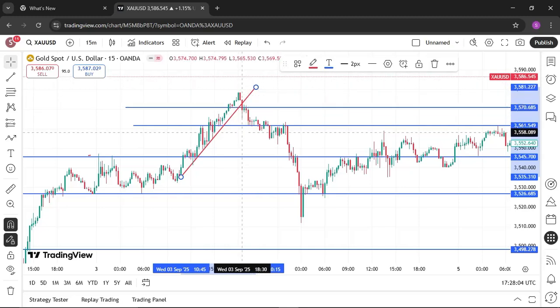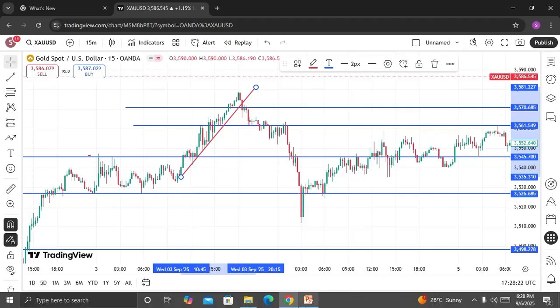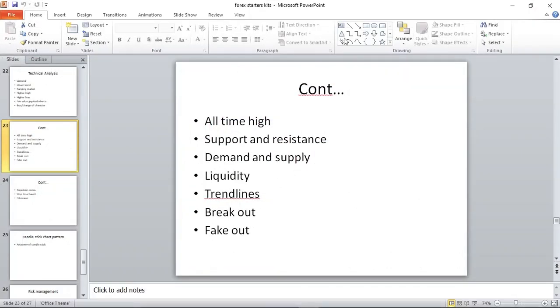Once the market breaks your line, it will either hit your stop loss and keep going down, or it will hit your stop loss and keep moving up, which we call a fake out. I think that's the next thing in our, okay, yes, it's breakout.